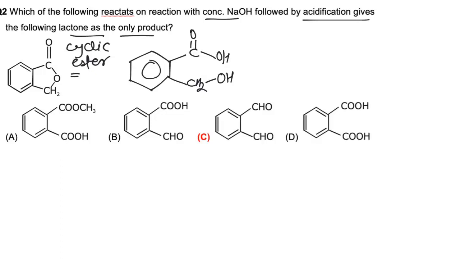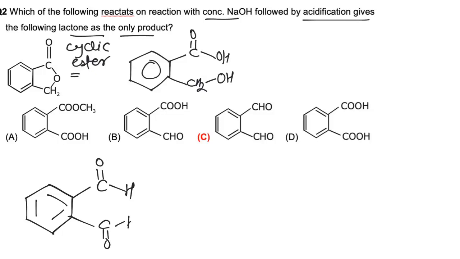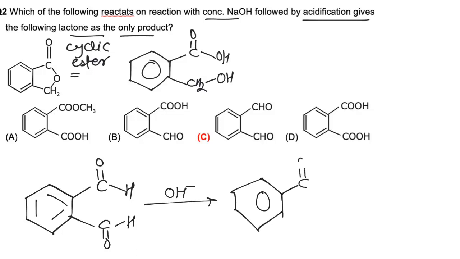Now this acid can be prepared when this molecule undergoes Cannizzaro reaction. Now due to intramolecular Cannizzaro reaction, one of the CHO groups will be converted to the sodium salt of the acid, and one will be converted to alcohol.